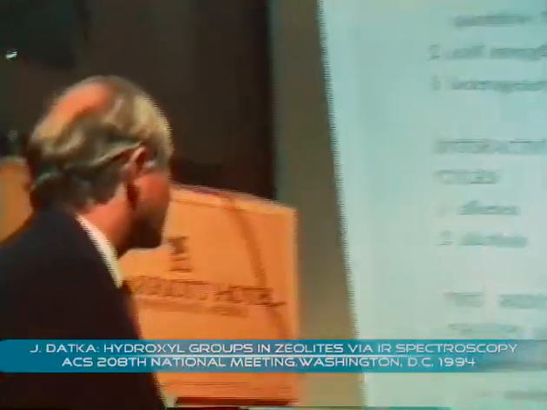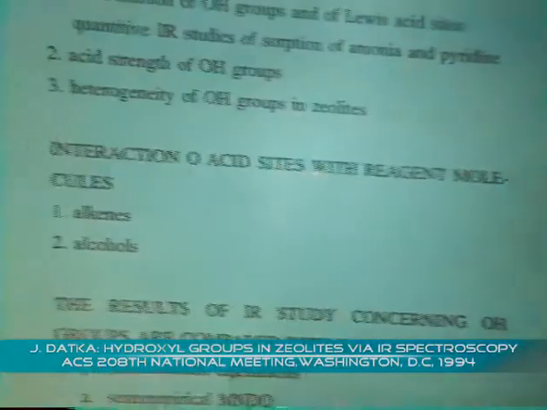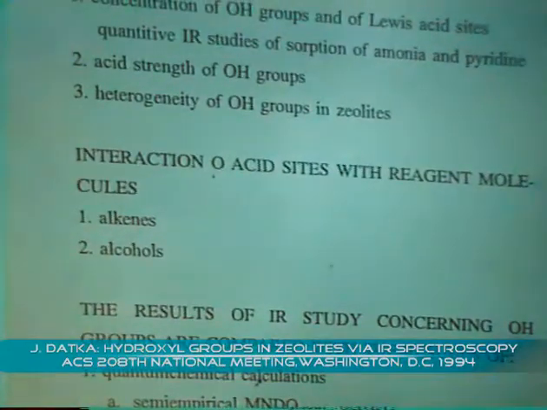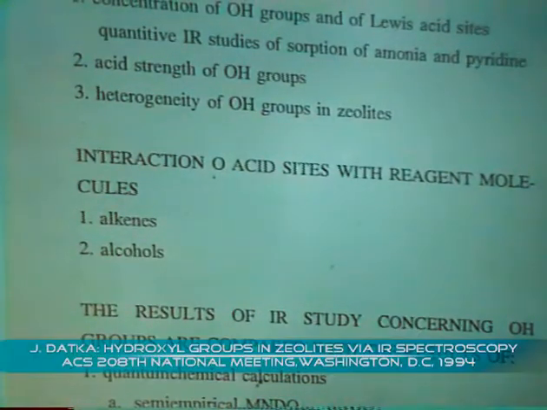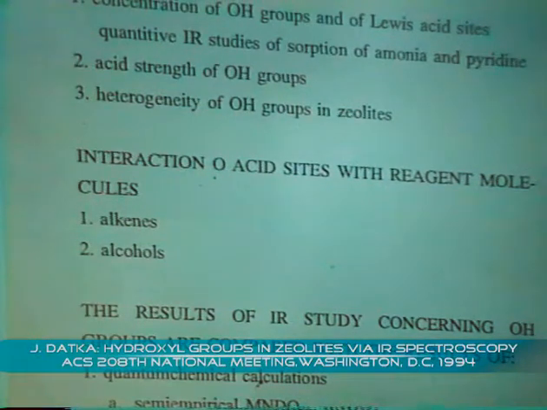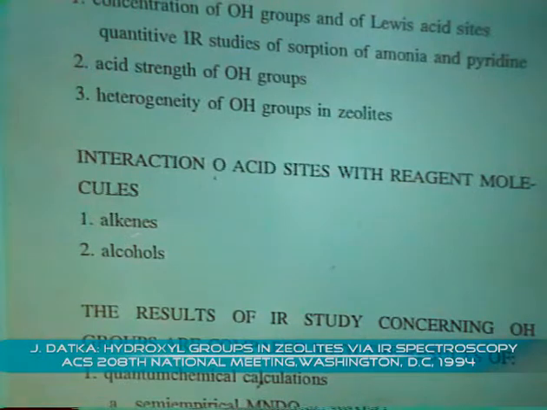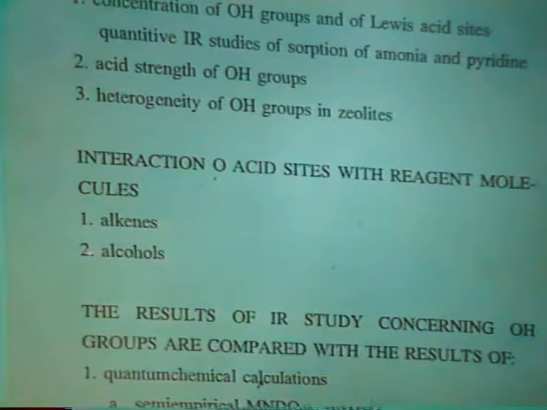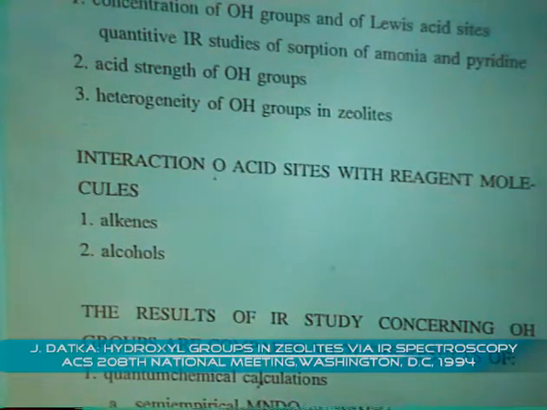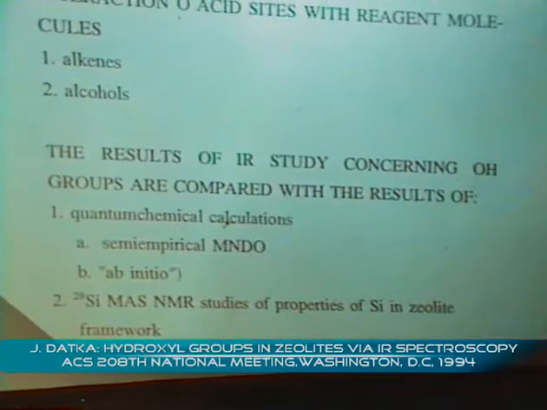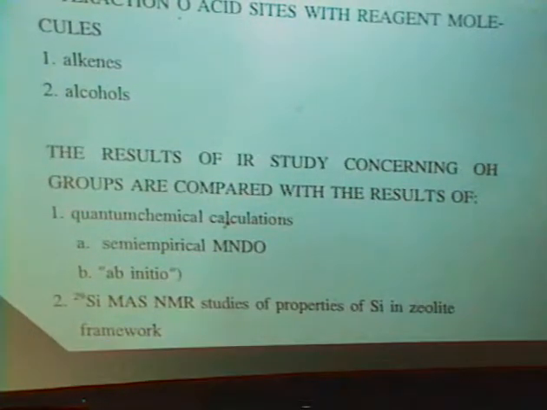We also study the interaction of acid sites, the properties of which are already characterized, with reagent molecules. We made a study of the interaction of acid sites with olefins, alkenes, and now we are studying alcohols. Our IR results concerning the properties of hydroxyl groups are compared with the results of quantum chemical calculations.